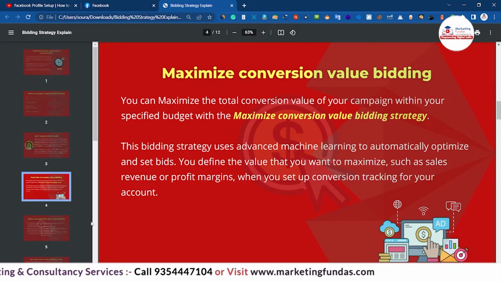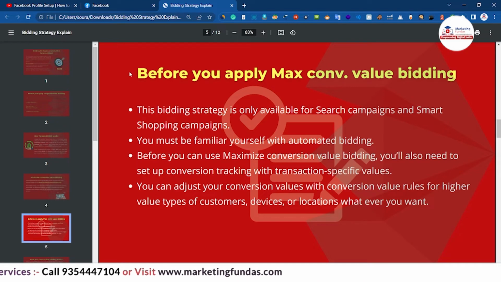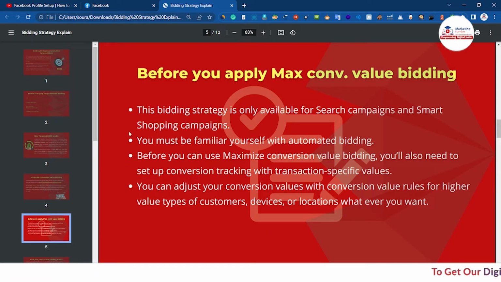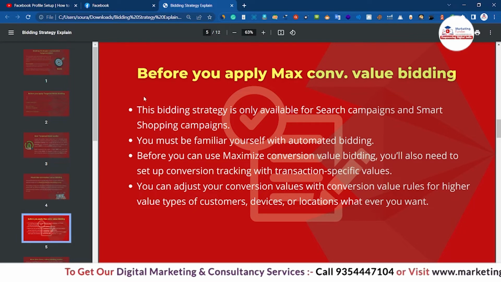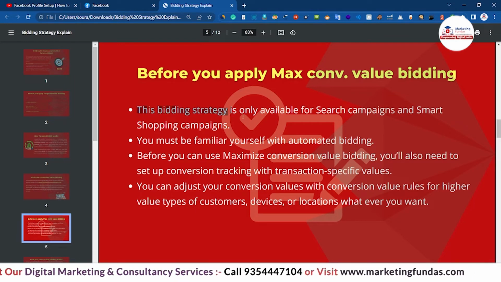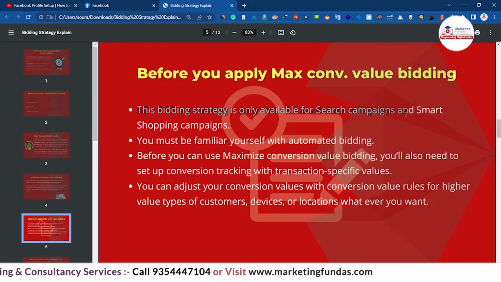Now let's go to the next slide, and that is before you apply maximum conversion value bidding. So you need to keep in mind these things before you apply maximum conversion value bidding. The first point says this bidding strategy is only available for search and smart shopping campaigns.